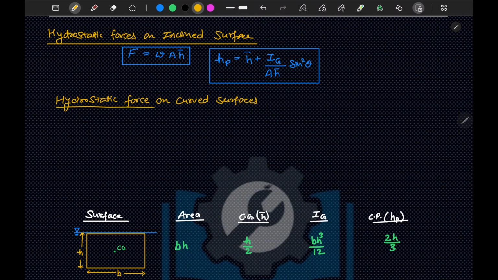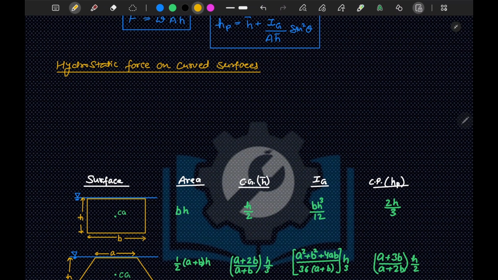In case of curved surfaces, we generally do it in a two component system. We calculate the horizontal and vertical components. So the horizontal component FH is equal to rho g A h bar.